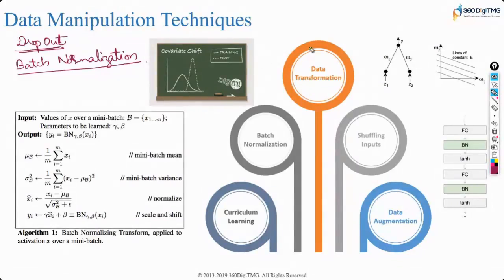say you have 10,000 samples, one, two, three, in that way. And say you have a batch size which is equal to 1,000.